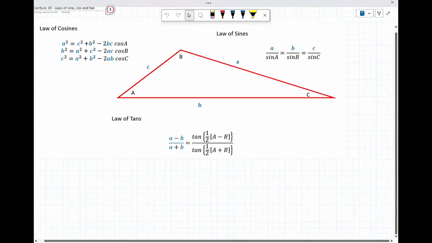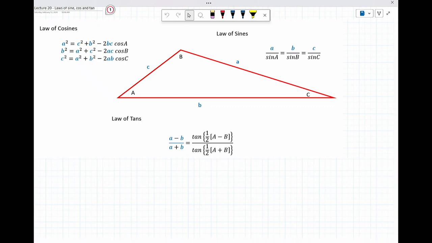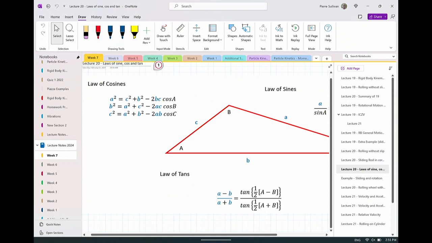You've seen it in a lot of forms. I may not have put the law of tans up, but generally it's really good to know what the laws of sines, cosines, and tans are, because you can use them for calculating terms depending on what you have. Nobody ever puts tans up, but it's useful to know.